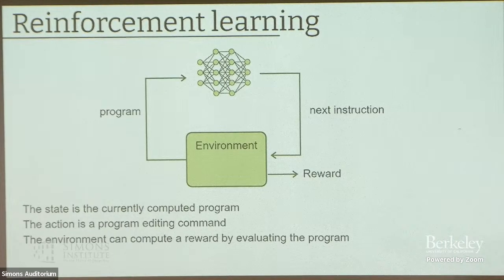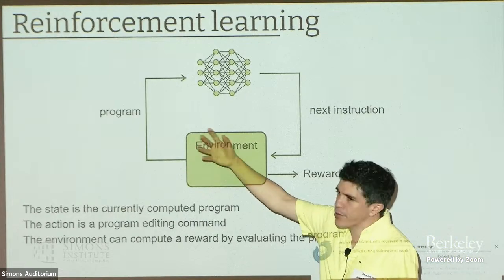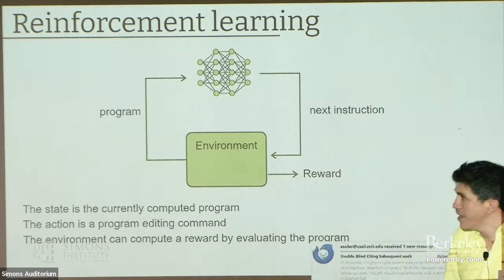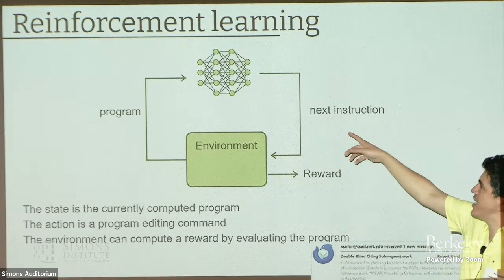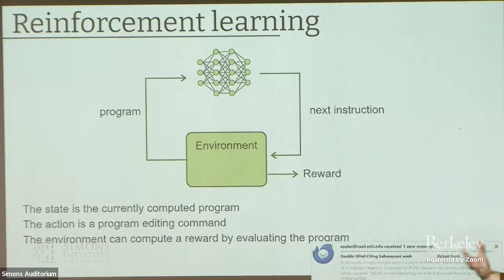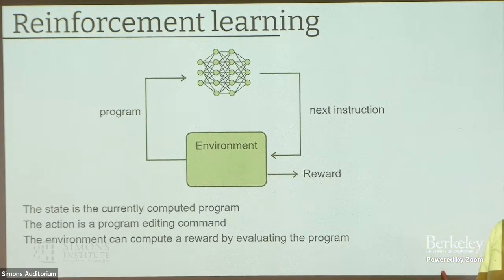In the context of program synthesis, usually the state is just a program or a partially constructed program. The action that you take is just the next instruction or the next modification that you're going to do to the program. And the environment is whatever testing infrastructure you have in order to check whether your program is doing the right thing or not.